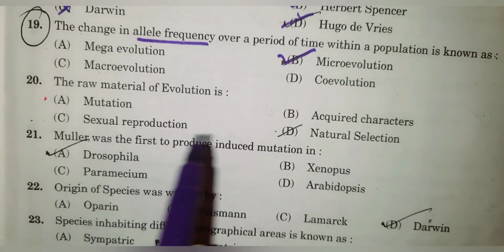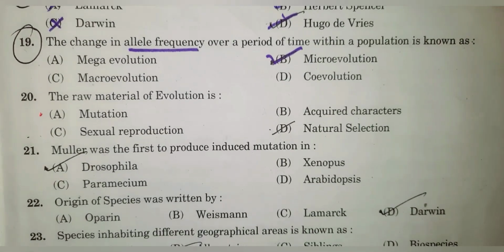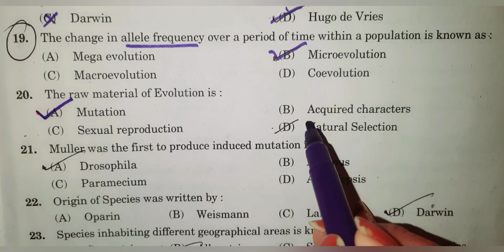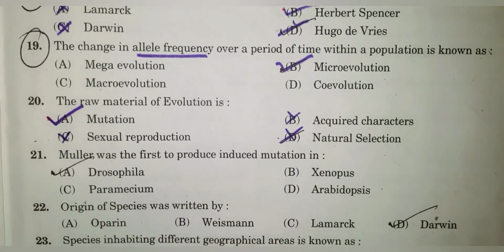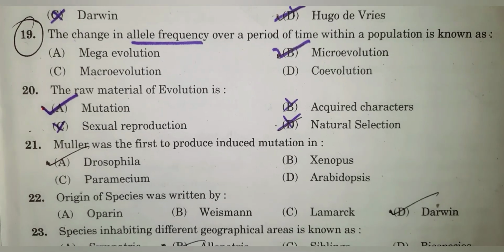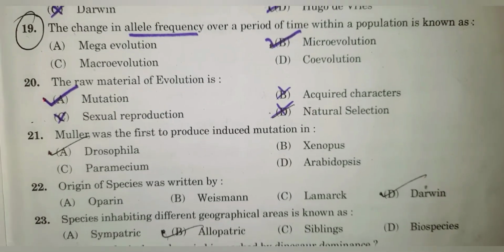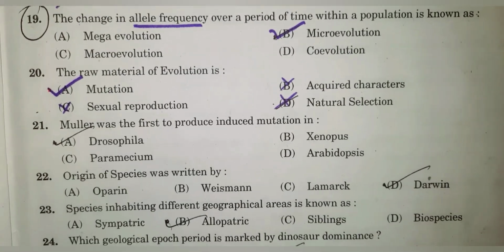The raw material of evolution is. The first and foremost option here is mutation, which is your correct answer. See, acquired characters, natural selection, sexual reproduction, these are not going to serve as raw material for evolution. Raw material for evolution, that is genetic mutation, genetic alteration.